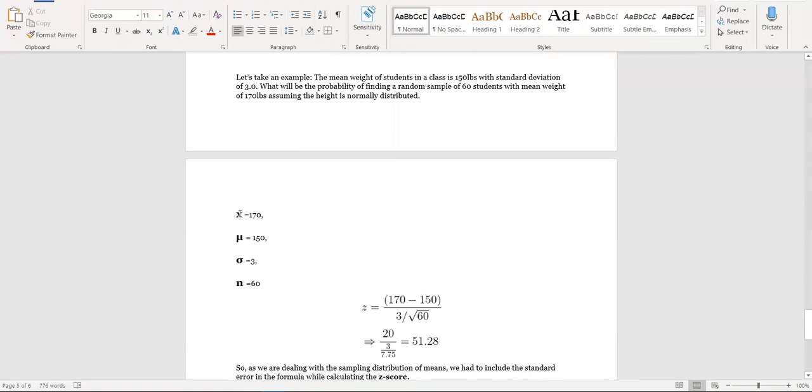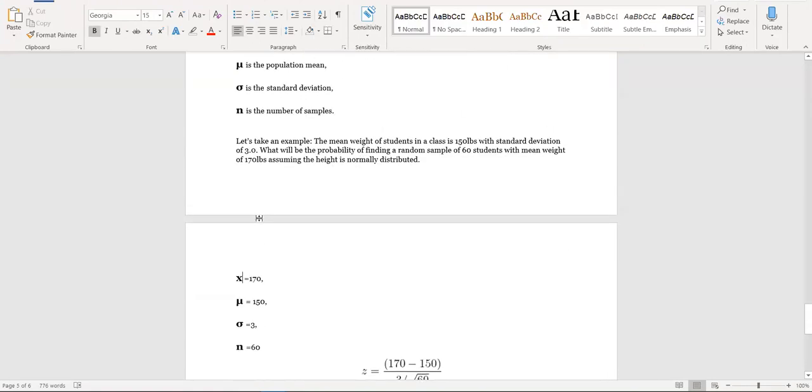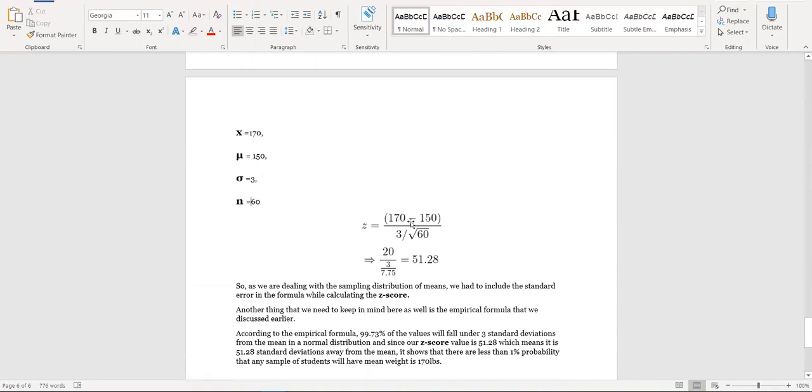So the X value, which is the sample mean, is 170, and then the population mean is 150. Sigma, which is the standard deviation, is 3, and the sample size that we are taking is 60. And substituting the values, we get the z value of 51.28.